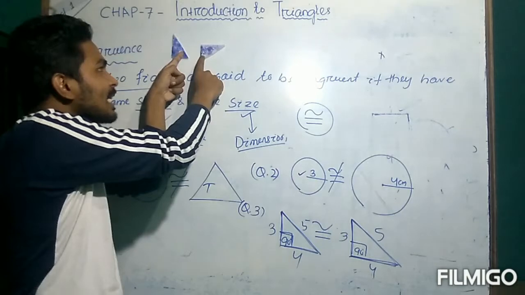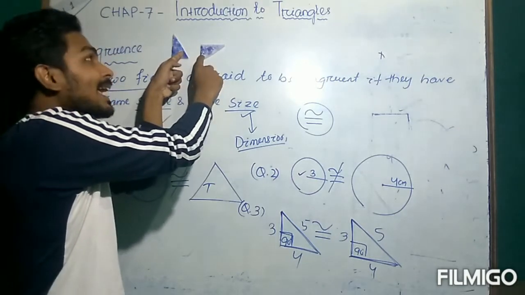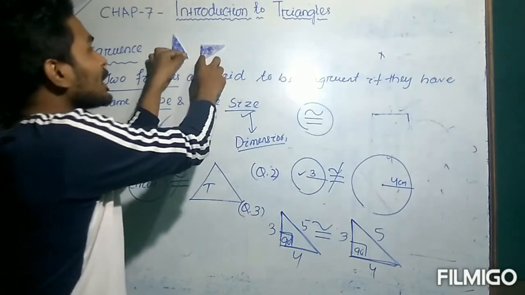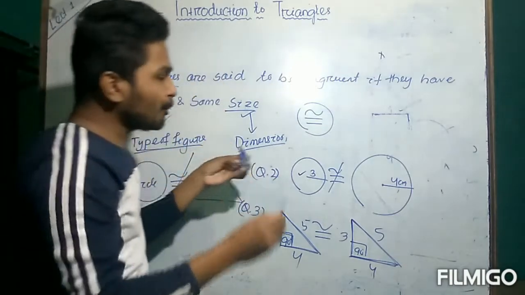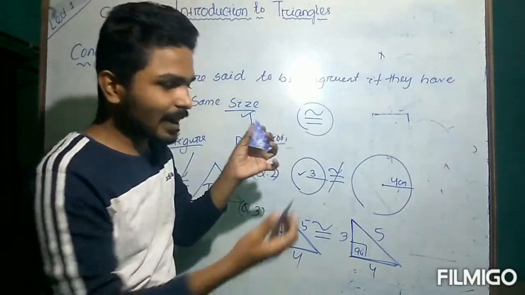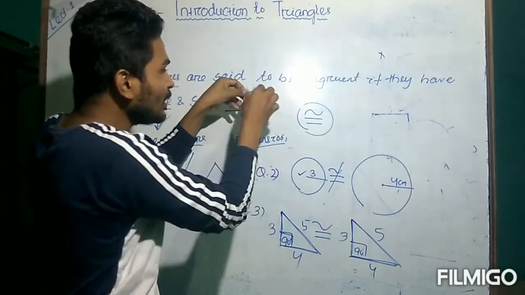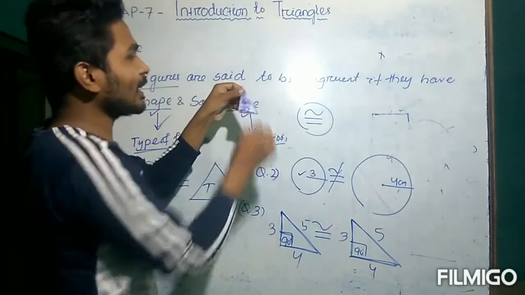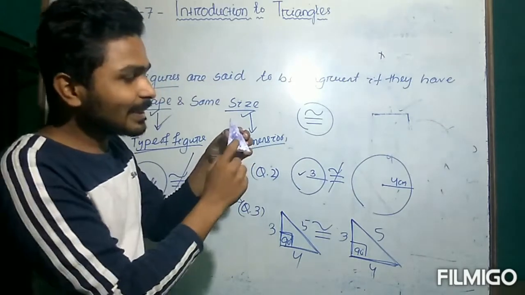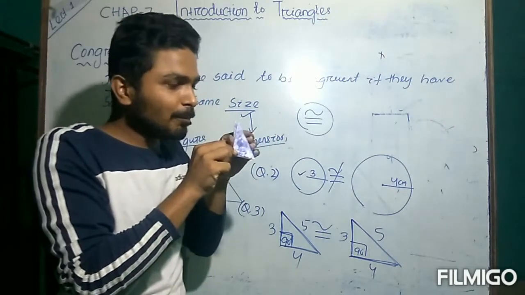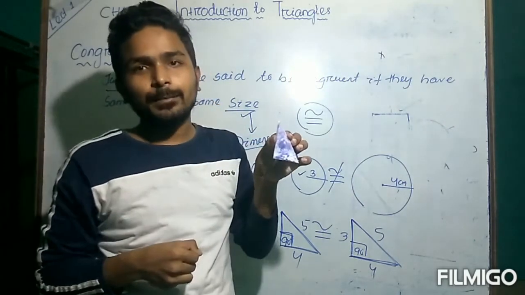So we can say yes, they are not congruent, but actually they are congruent. Why? Because if you put this triangle here and rotate another triangle and fix it on it, then you can see this triangle completely covers the second triangle.